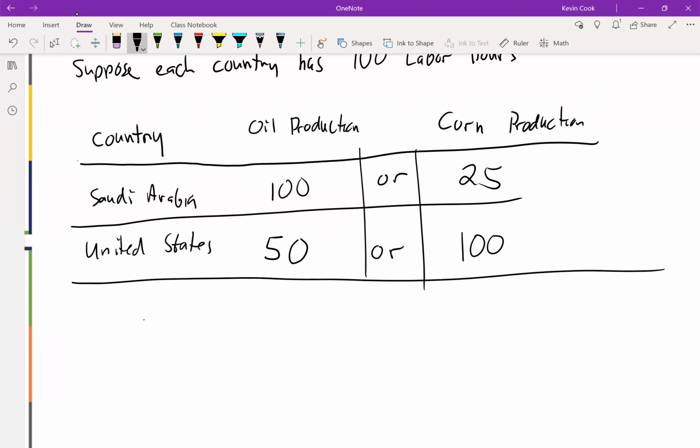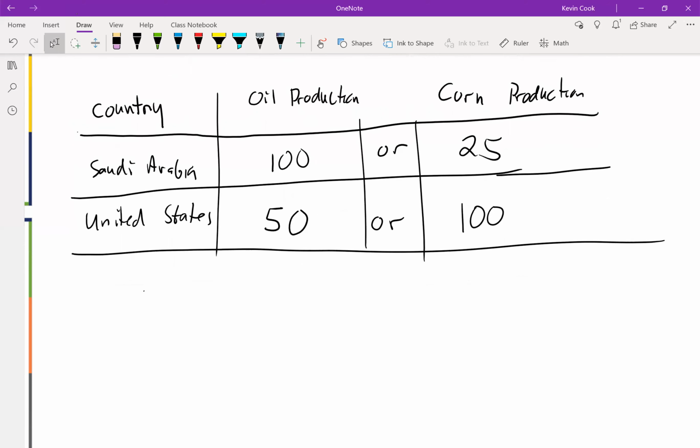So the US could also make 50 corn and 25 oil if they wanted to. And Saudi Arabia can do other combinations as well. Anything on that PPF. And this is, again, what this part is showing: our production possibility frontier.